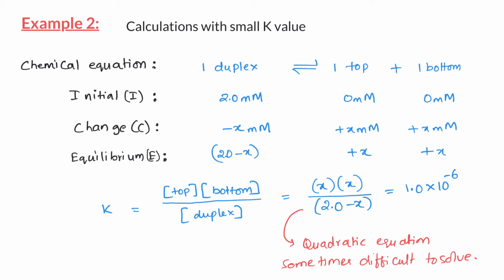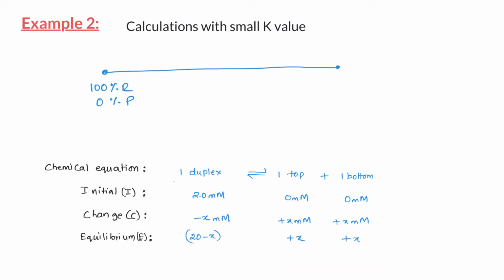What we are going to do now is use the value of the equilibrium constant and our understanding of the extent of the reaction to make some assumptions about x. These assumptions will drastically simplify these calculations. Let me first represent the reaction coordinate.